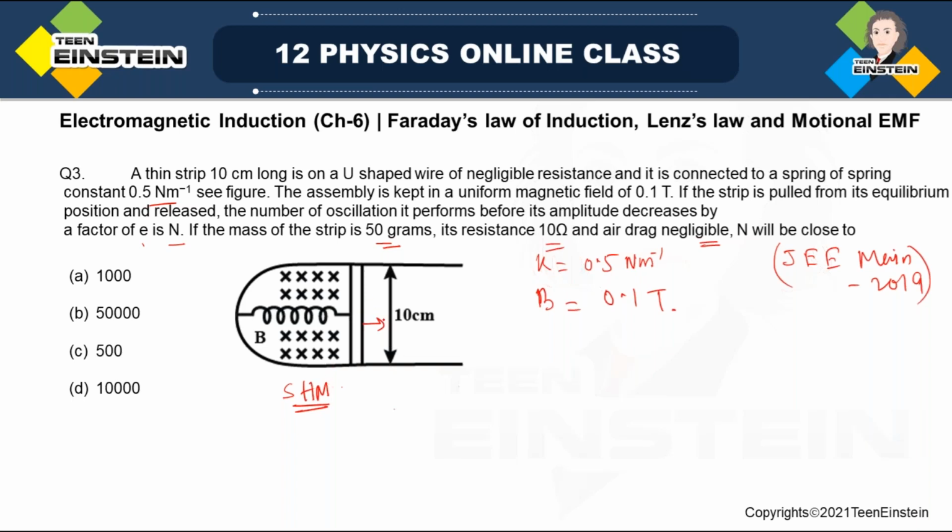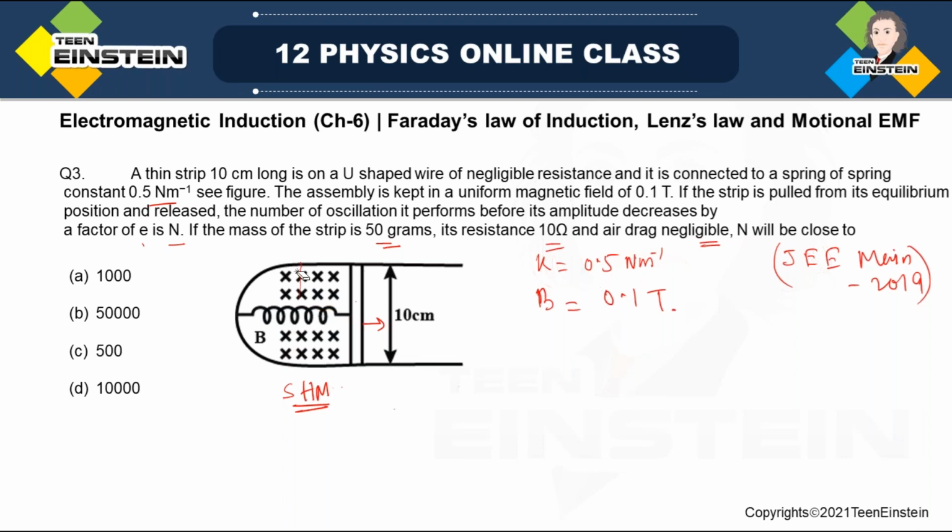Then what will happen, since there is a flux linked in this, that flux will change. Suppose here is the equilibrium. So when it comes close to this, the area is decreasing, and when it is going out, the area is increasing.